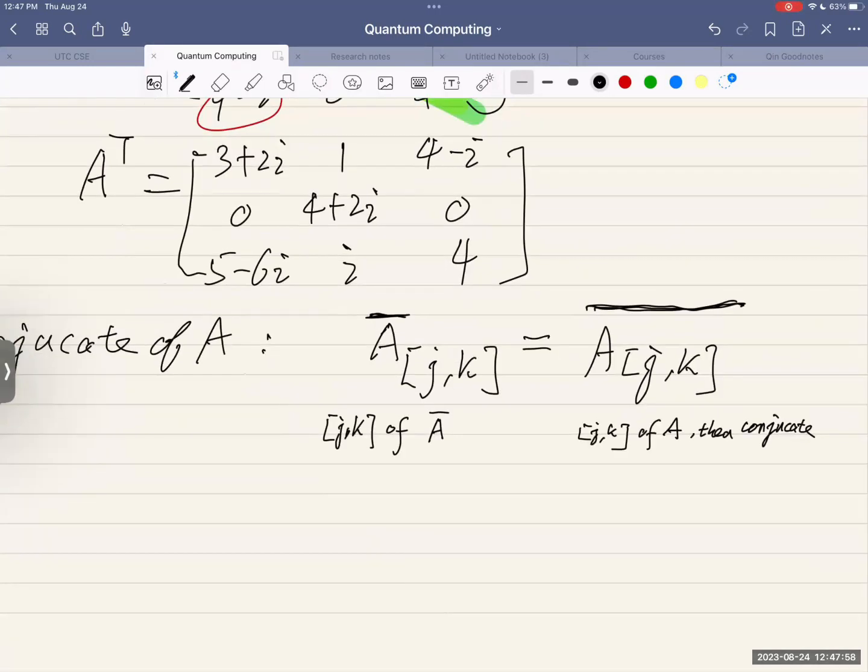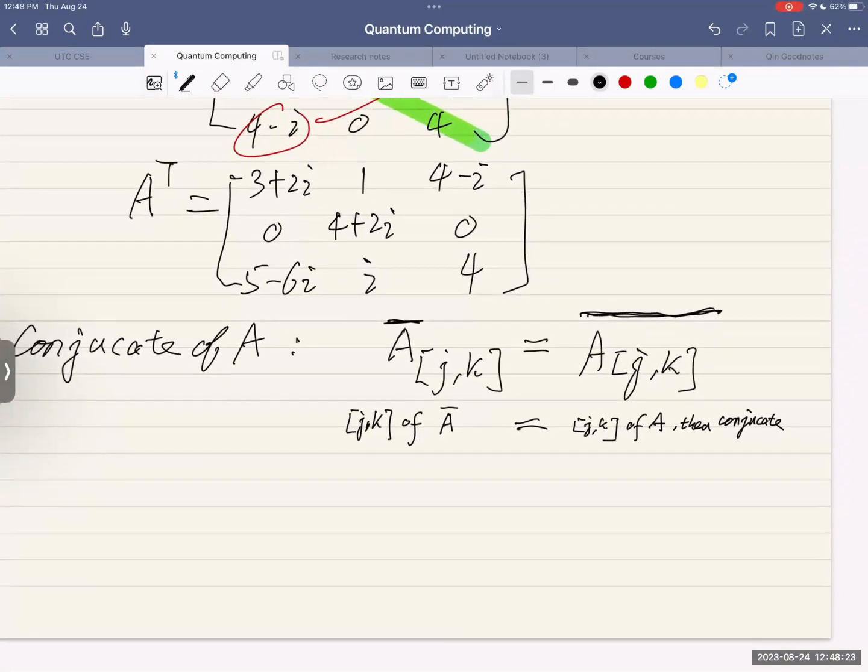So on the left-hand side, basically, how do we find the conjugate of the matrix A for every J and K element of that? And we do that on the right-hand side. For every J, K element of A, we take the conjugate. So that's basically what it means.